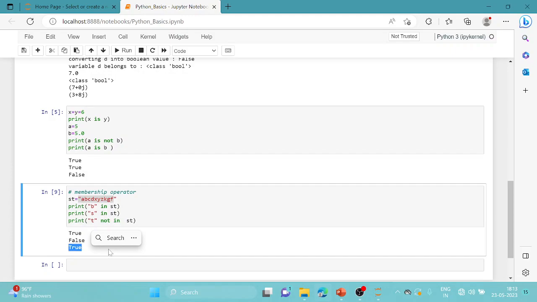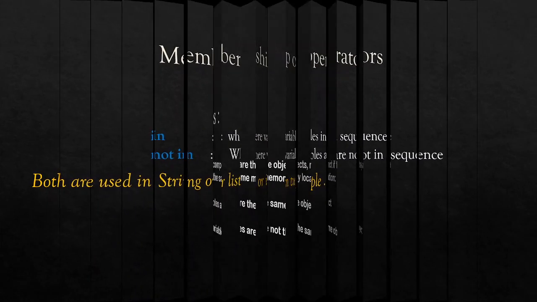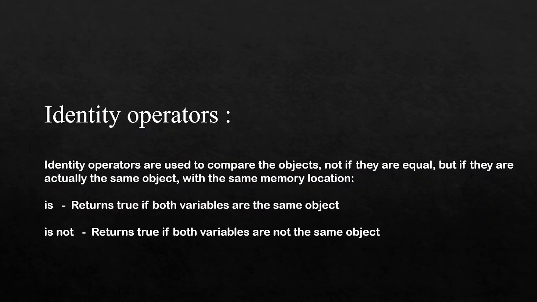I hope this is helpful for you and you have understood clearly what this membership operator does, and what the identity operator is about. The identity operator and membership operator are used for different kinds of checking.